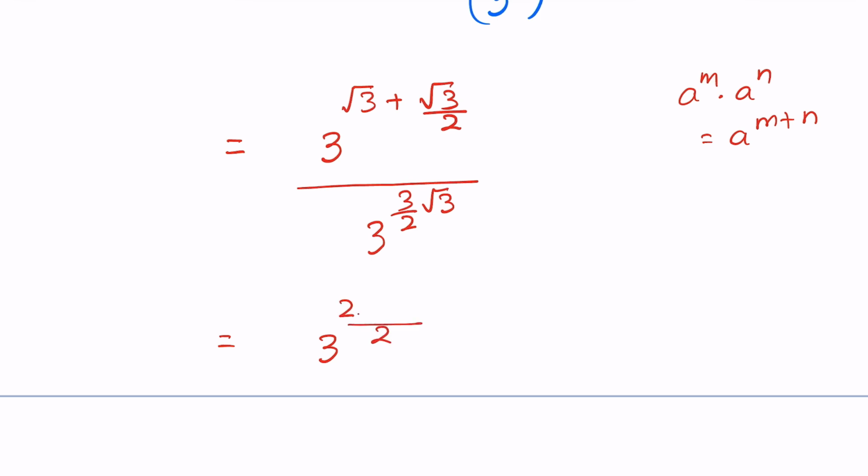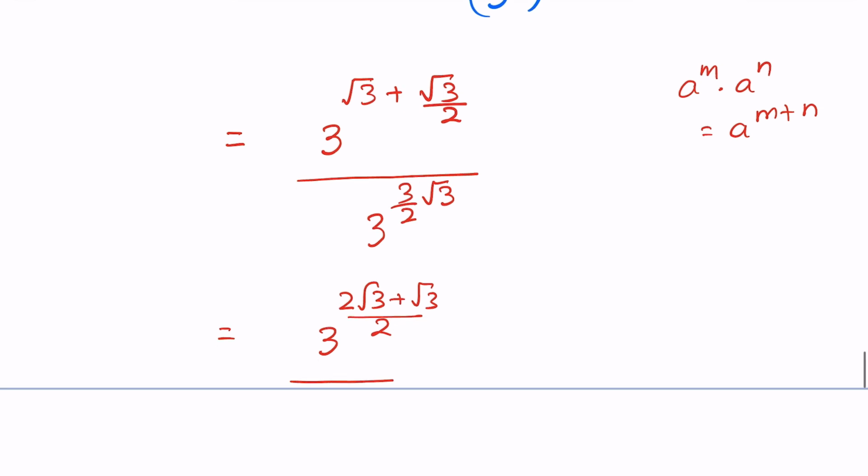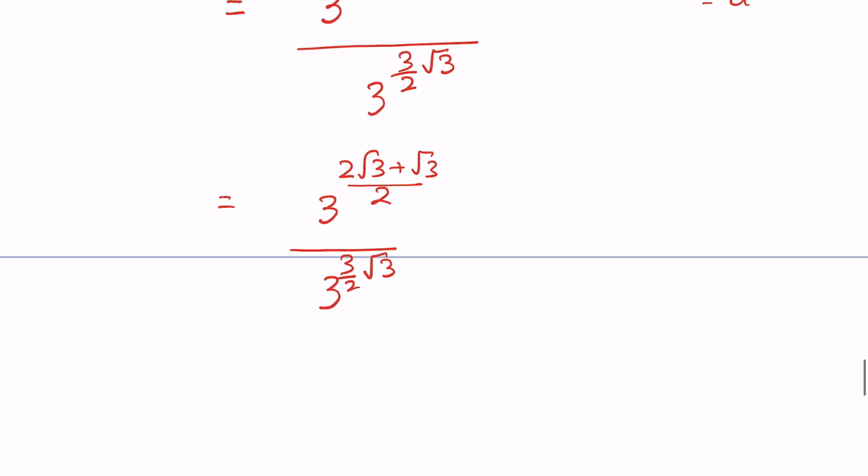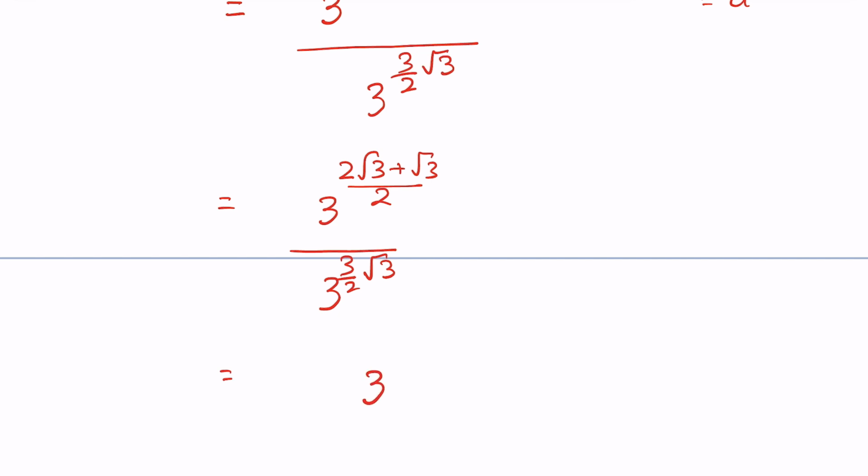So 2 times square root of 3 plus square root of 3 upon 2, then raised to the power of 3 upon 2 times square root of 3. This is 3 raised to the power of 3 times square root of 3 upon 2, then upon 3 raised to the power of 3 upon 2 times square root of 3. Now these two are like factors. Cancel them. So the answer is 1.